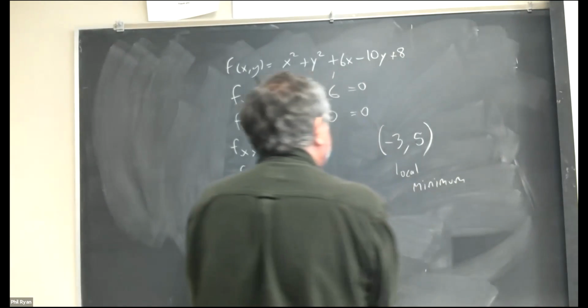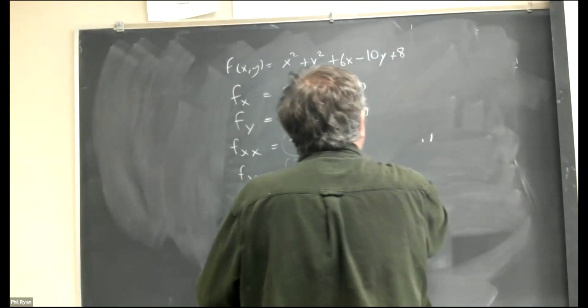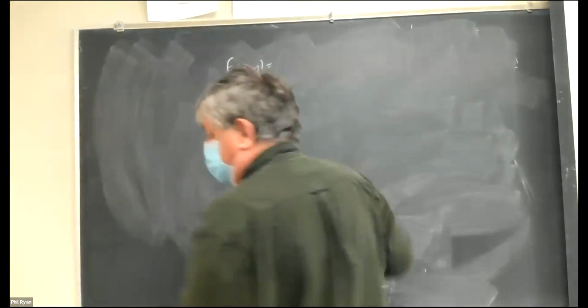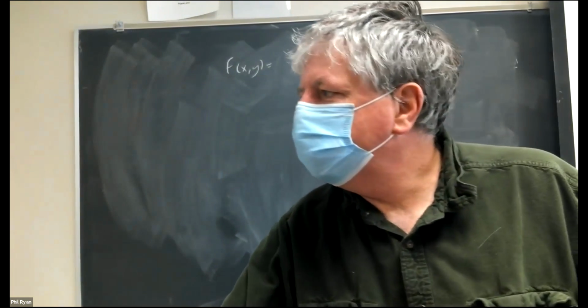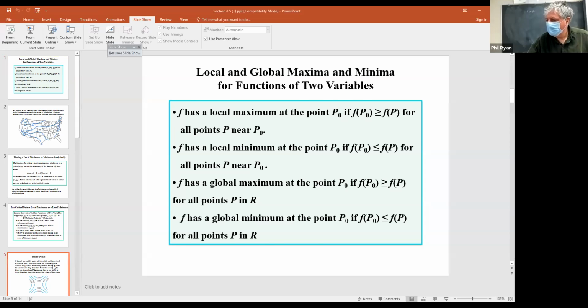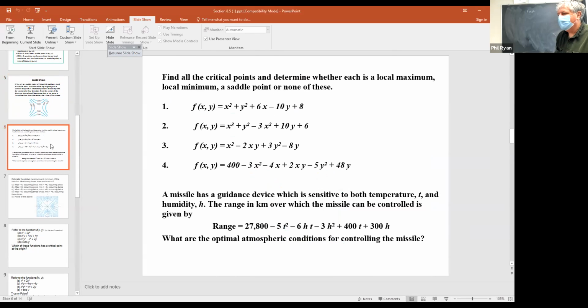Okay, so let's do a second one. We want it to be x cubed plus y squared minus 3x squared plus 10y plus 6.